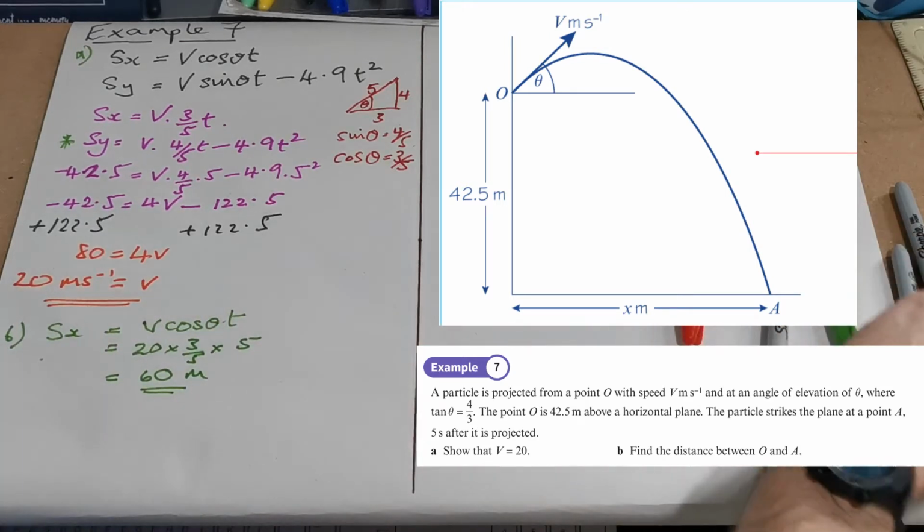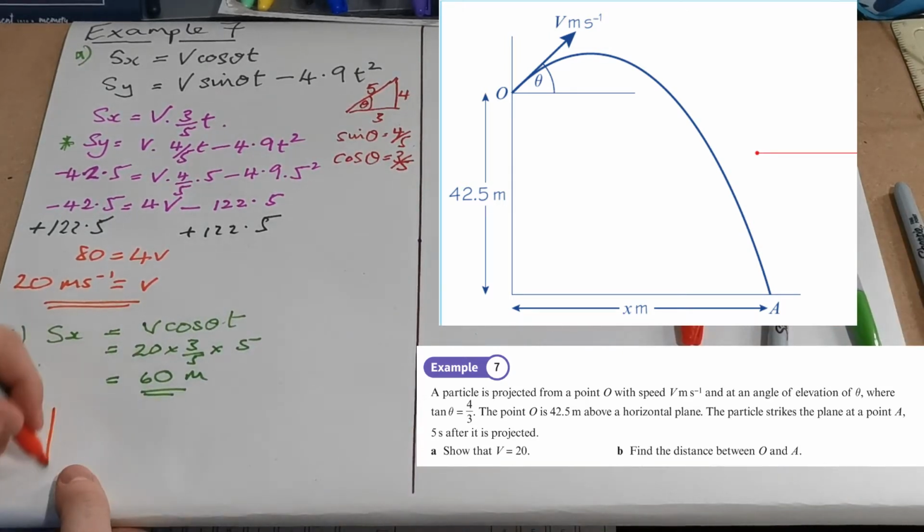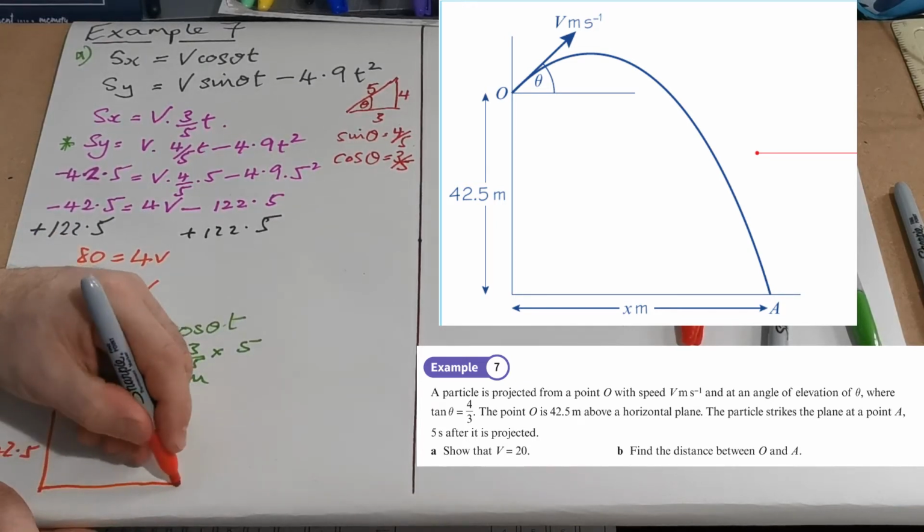So overall, we know that it's come 42.5 down and 60 across.